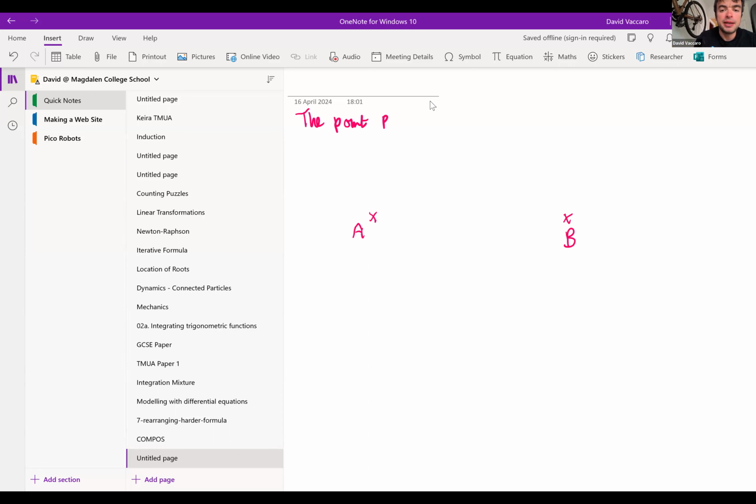So the point P is such that angle APB is 90 degrees, and A and B are fixed. Okay, first of all, is the point P uniquely defined by that definition? So is there a single point P that satisfies that geometrical condition?